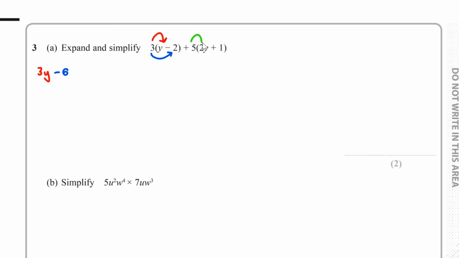Then 5 times 2y, that's 10y, and 5 times 1, that's 5. If we collect like terms, 3y plus 10y, that's 13y. Minus 6 plus 5, that's minus 1. So we have 13y minus 1.